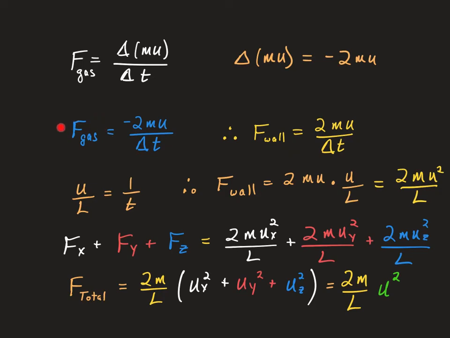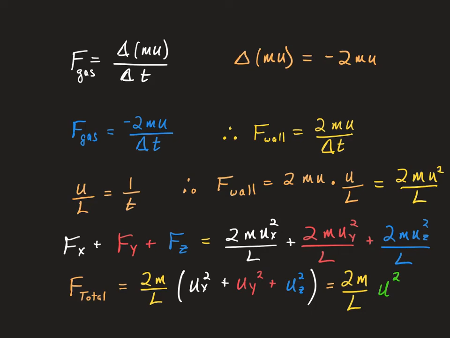So if the force on the gas molecule is negative 2 times the mass of the gas times the change in speed over the change in time, well, then the force on the wall, right? Newton's third law of physics says for every action, there's an equal and opposite reaction. For every force, there is an equal and opposite force.